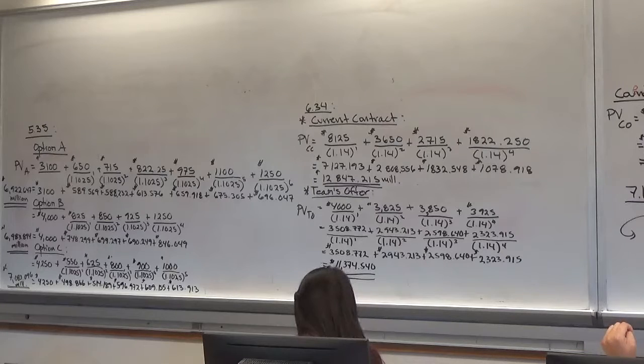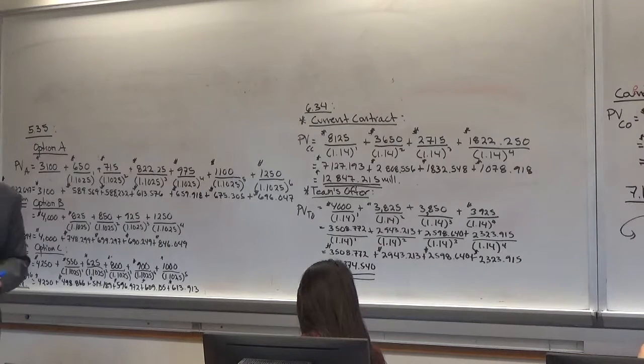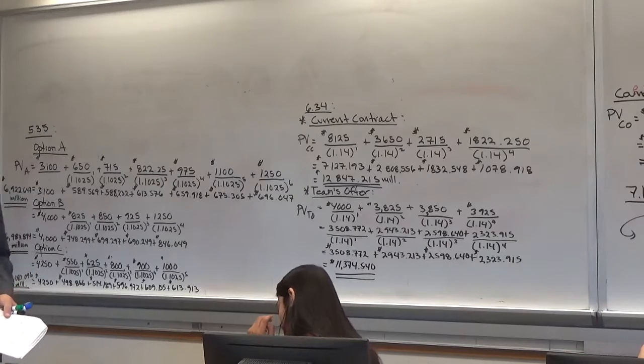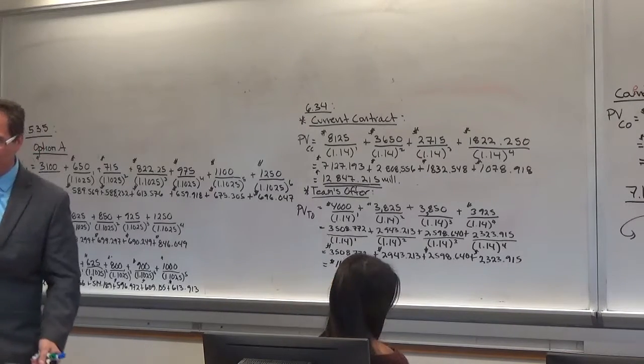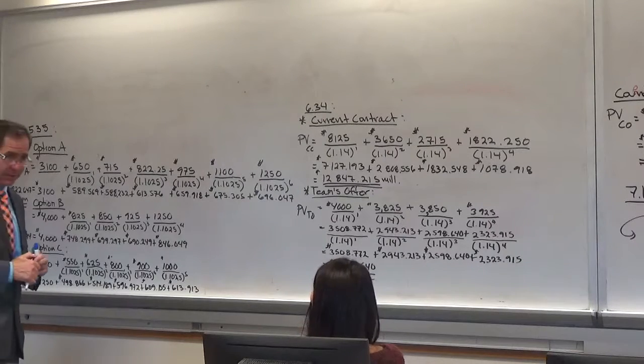And then what if I just looked at cash flows going out into the future? What if I went out to 30 years? What do you think the 30-year cash flow would be worth? Yeah, exactly, it'd be close to 0.